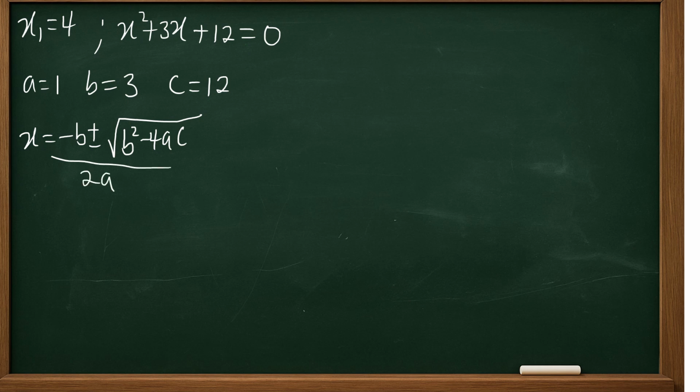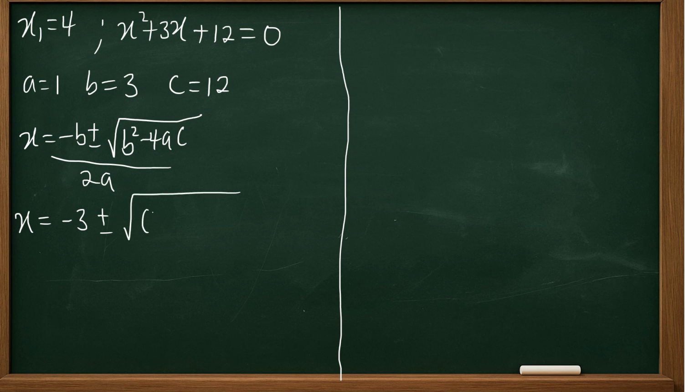Let's plug in. Here, my x is going to be minus b, which is 3, plus or minus the square root of b squared, which is going to be 3 squared, minus 4 times a, which is 1, times c, which is 12, all over 2 times a, which is 1.